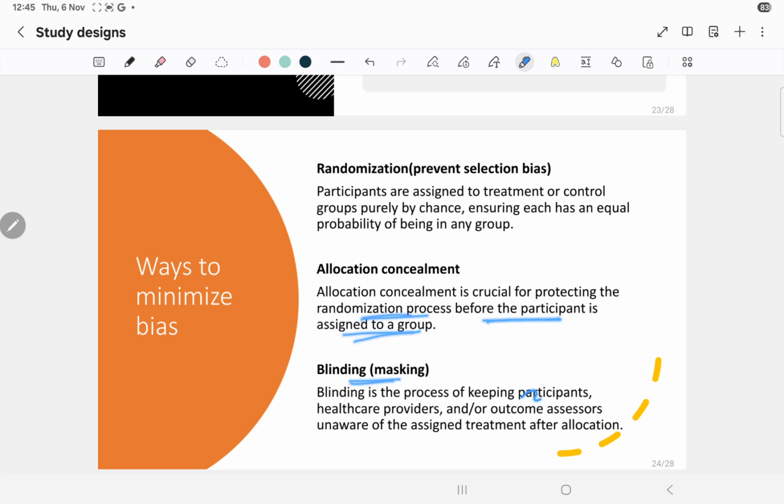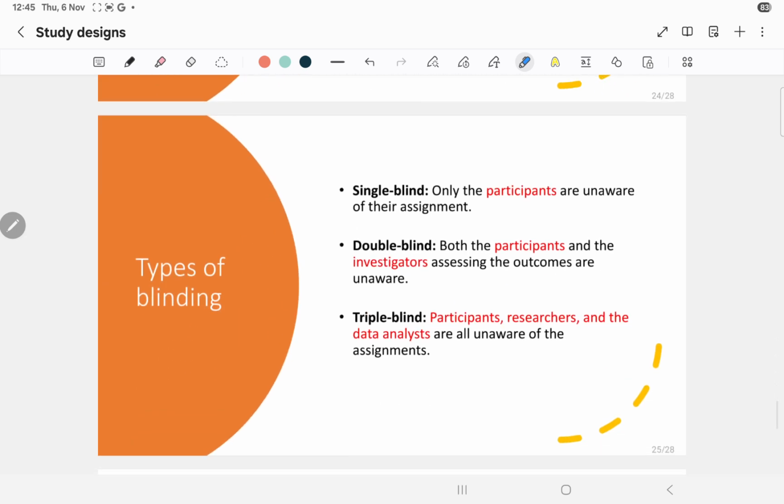Blinding is a process of keeping participants, the healthcare provider, or the outcome assessor, that is the data analyst, etc., unaware of the assigned treatment after allocation. So there are three types of blinding. In single blind, only participants are unaware of their assignment.